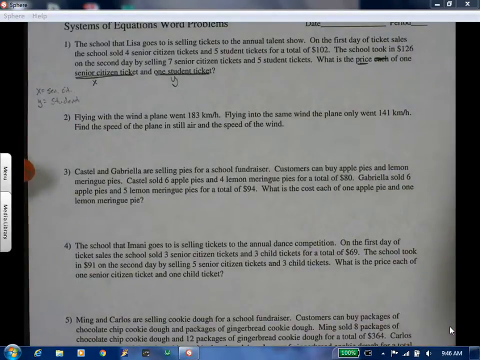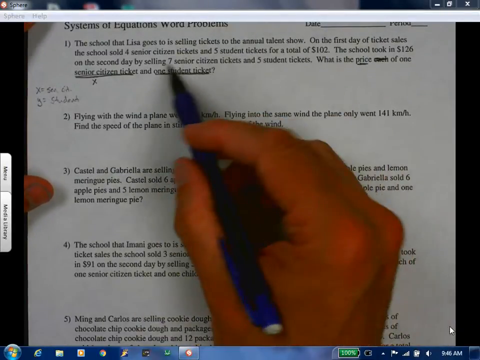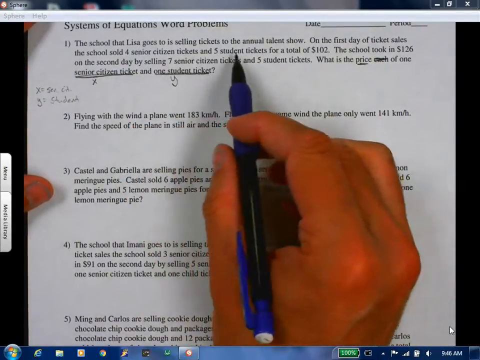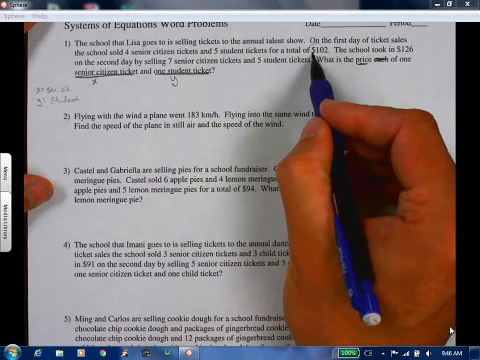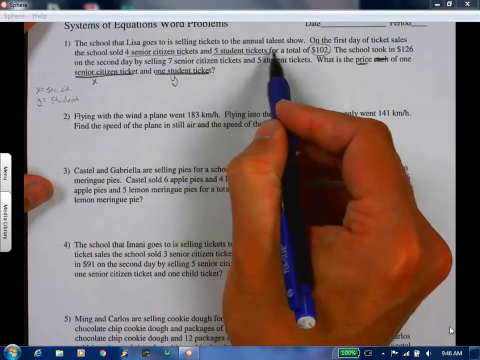Okay, so that's usually the first thing. Skim through it, read it, find out what two things they want us to figure out. Now we're going to go back through and look for totals. We see $102, for senior citizen, 5 student, for a total of $102.